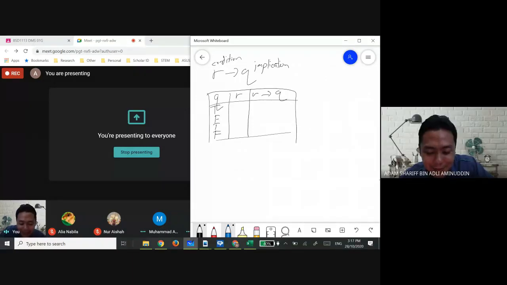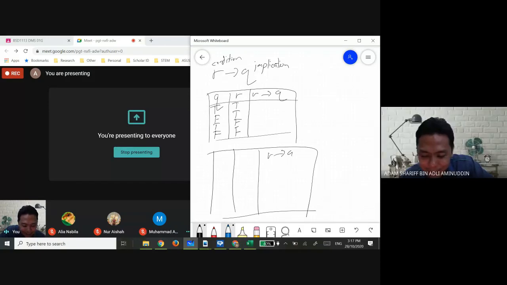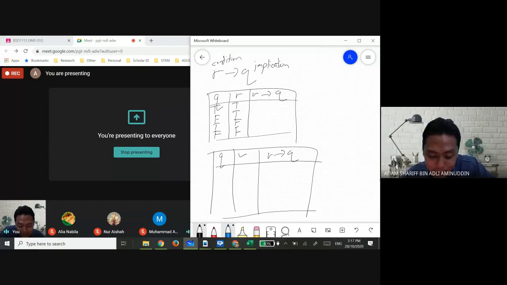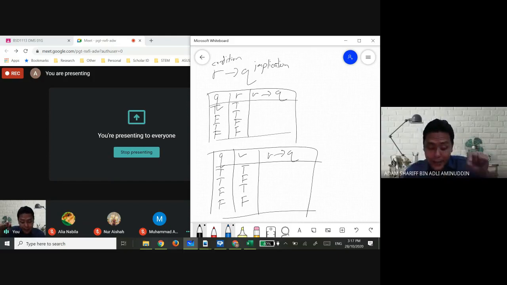Satu student nak TFTF, satu lagi nak TTFF. Nak bagi nampak saya dah faham apa yang budak pening. Saya cuba buat according to the normal TTFF. Ini jadi TF.